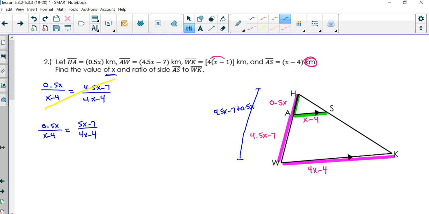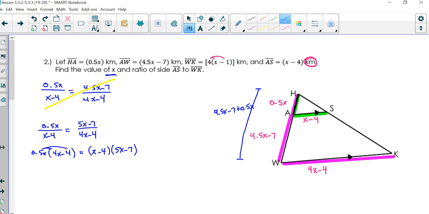Hopefully you are. When you cross multiplied, you should have been doing 0.5x times 4x minus 4, and then you should have been doing x minus 4 times 5x minus 7. I would definitely write this out since you're multiplying two binomials together and they're not easy binomials because of this 5x.